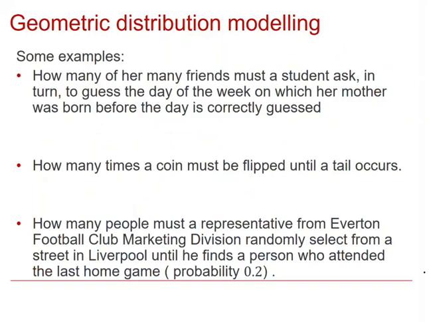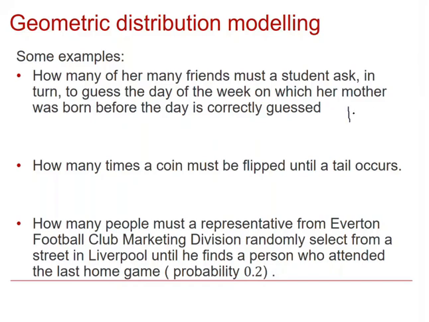So here we have a few more examples of geometric distributions. The first example, how many friends must be asked in order to find the first one to guess the day of the week on which her mother was born correctly.